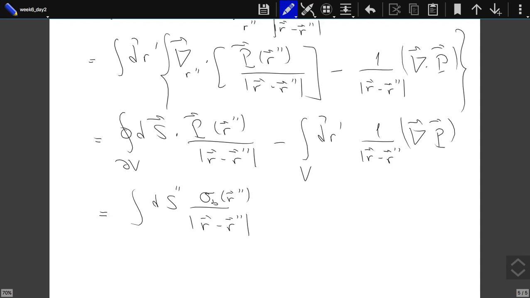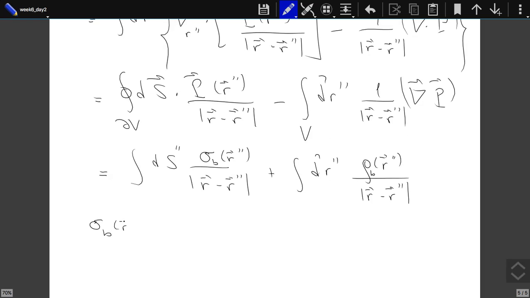Let me call this sigma b, plus the integral d cubed r double prime of rho b of r double prime divided by |r minus r double prime|, where sigma b at r double prime is nothing but P dot n, n is the normal vector to the surface, pointing from inside to outside, and rho b at r double prime is equal to minus the divergence of P.